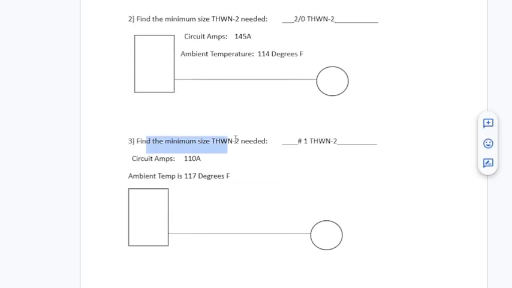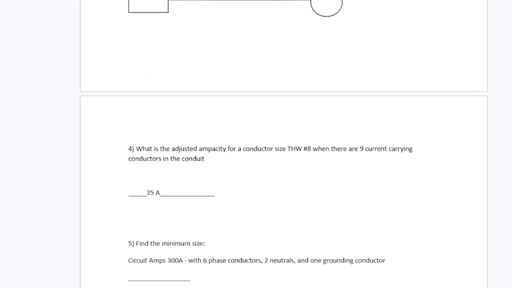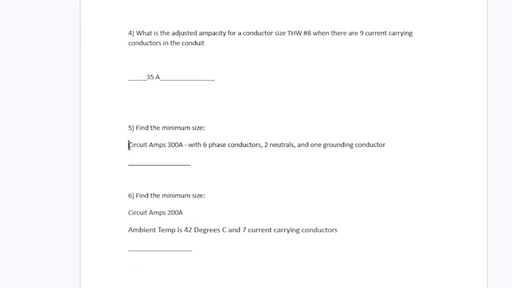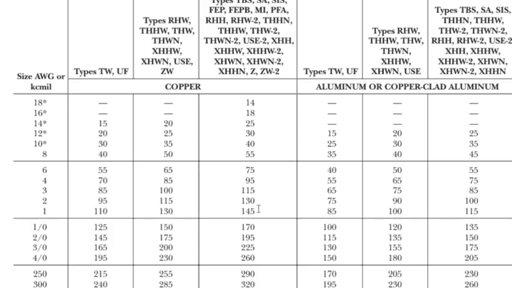Here they're telling me, find me the THWN-2 that is going to be sized. Here you approach it with 110.14. Over 100 amps, so I'm in the 75-degree column.